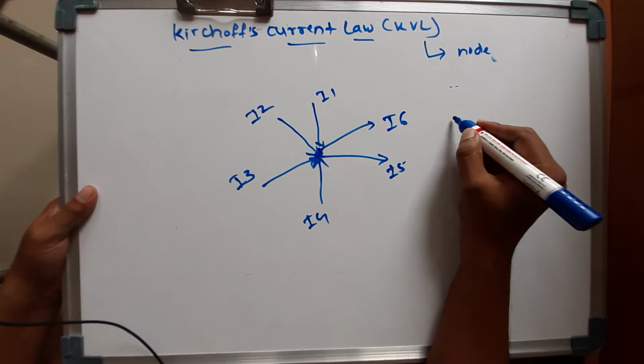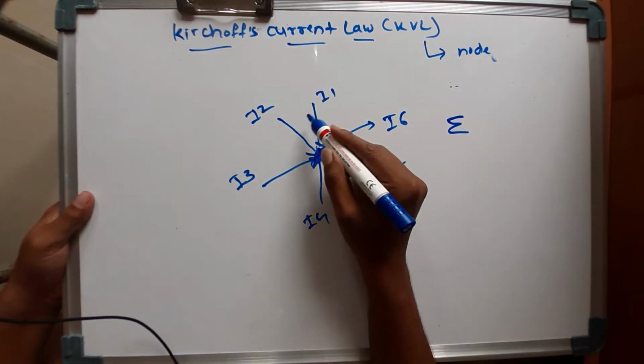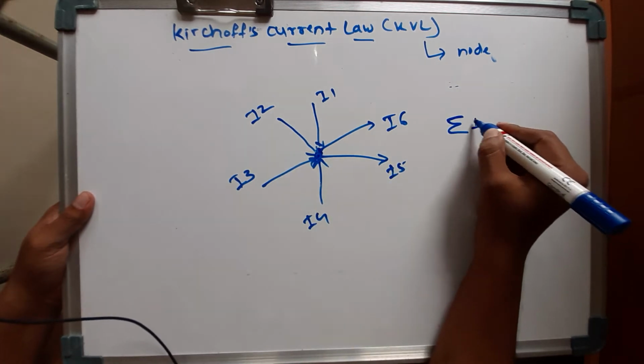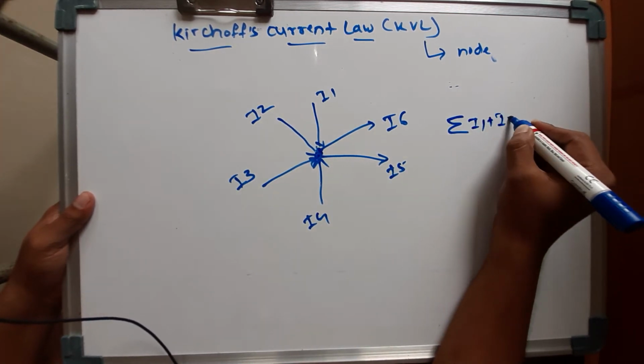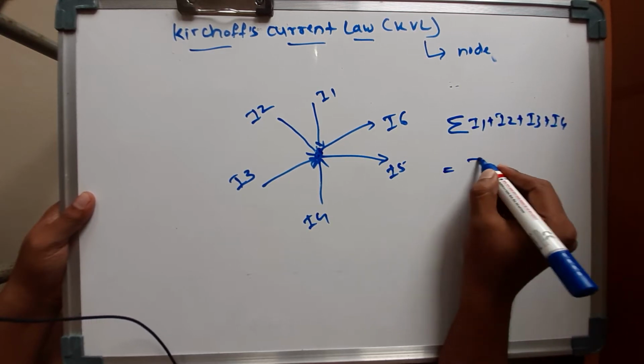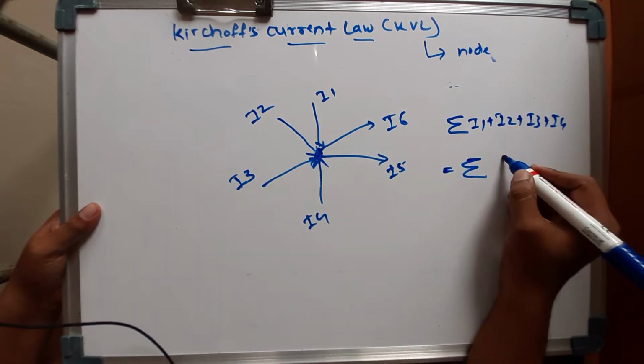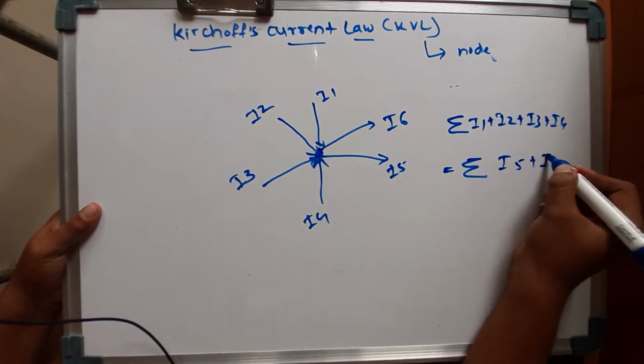So here the entering current is the summation of, so 4 currents are entering, I1, I2, I3 and I4. So I1 plus I2 plus I3 plus I4 equal to the summation of leaving currents. So 2 currents are leaving from the node, that is I5 plus I6.